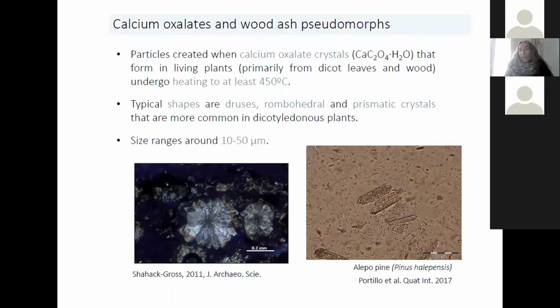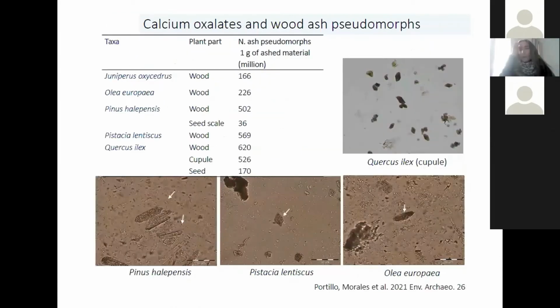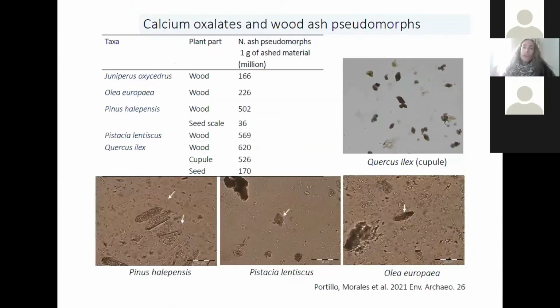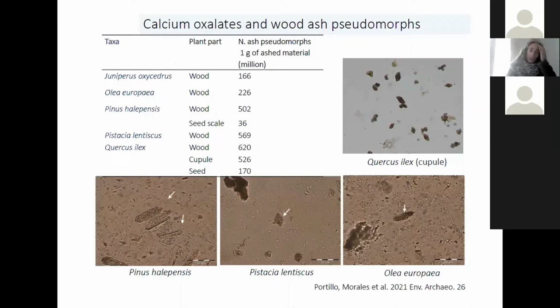The sizes are between 10 and 50 microns. This is from the reference collection from the Tunisia area. I have Aleppo pine. We have a very small collection right now with several Mediterranean species. As you can see, the crystals that it produces are completely different.